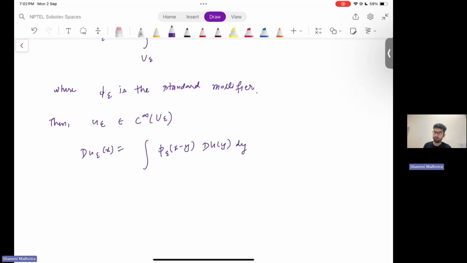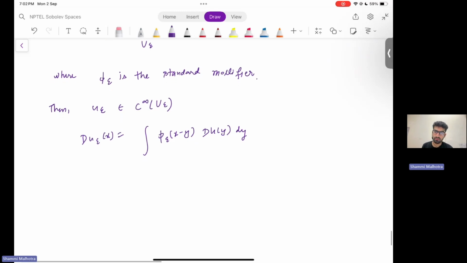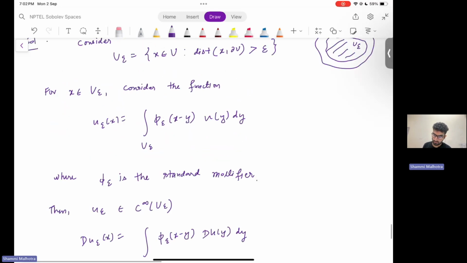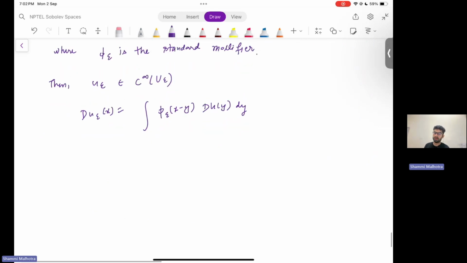So the derivative is transferred to the function u. We can do this because we have u in W1P, so this du is in that weak sense.